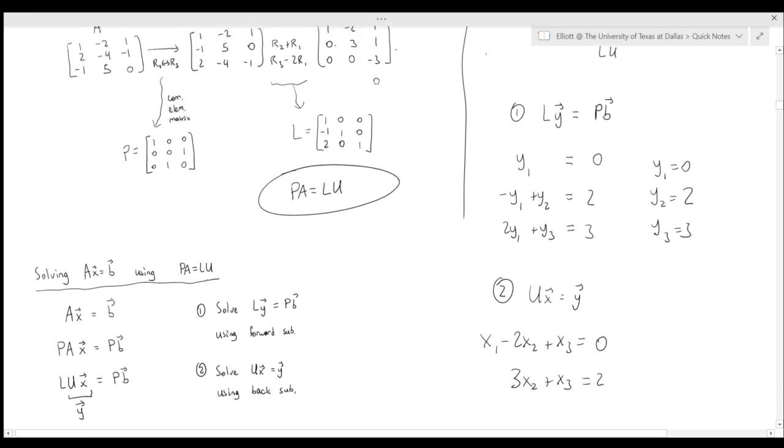And finally, negative 3x3 should equal y3. And from there, you can solve for x to get the final solution to the original system of equations. And I think I get that. Okay.